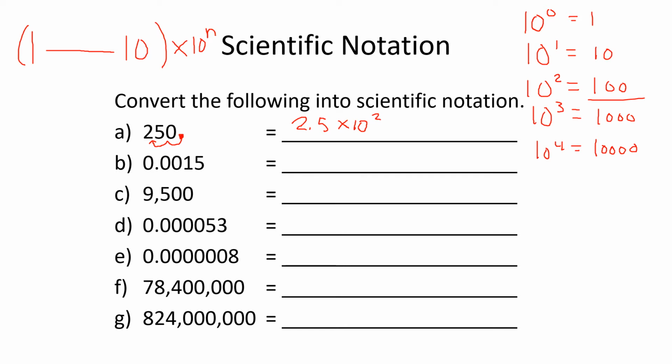So if you're in doubt, just punch it in your calculator. 2.5 times 10 times 10. Make sure you get 250. So if you go this way, it looks like you're going to have a positive exponent. Punch it in. You guys get it? Yeah, 250.